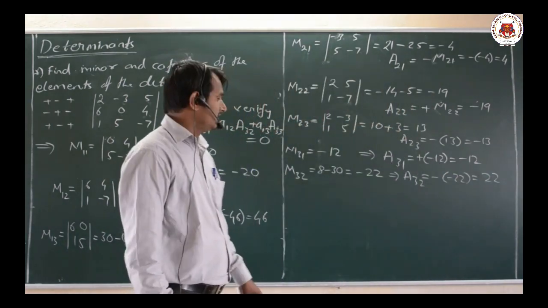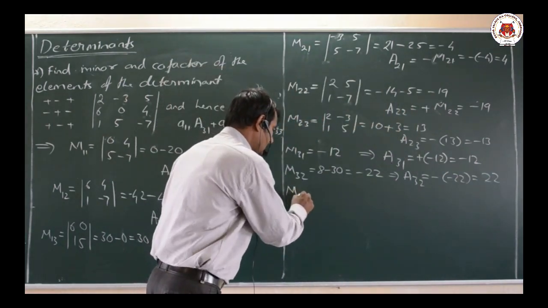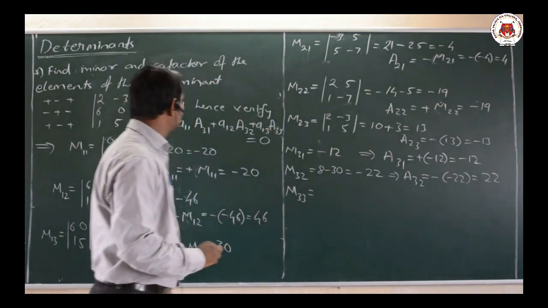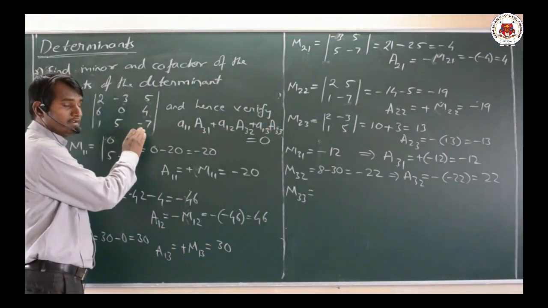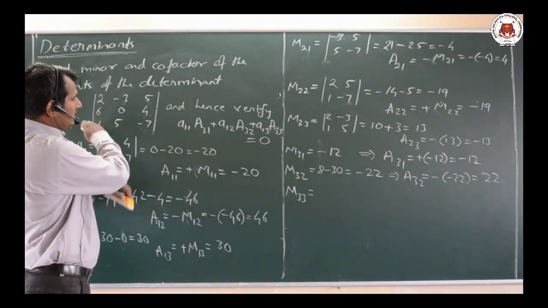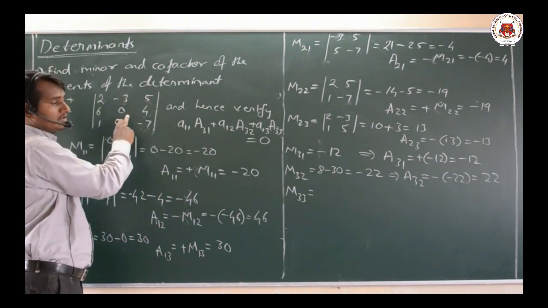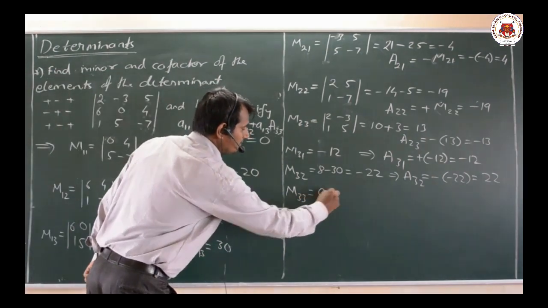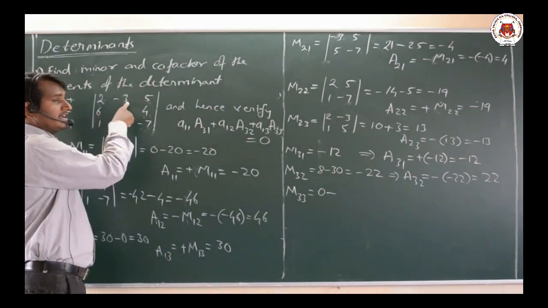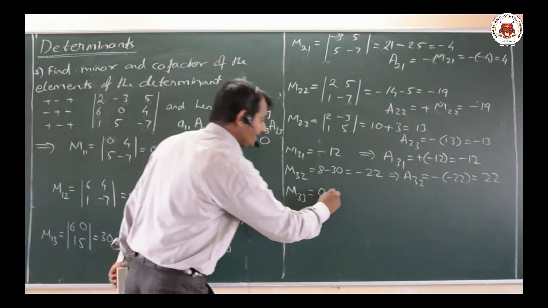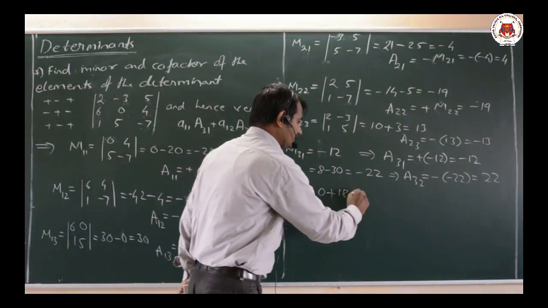Okay, dear friends, now we shall see the last value, minor of A33, that is the minor of third row, third column. Now I'll leave this row and this column. What is the remaining determinant? That is 2 into 0, 0, minus of 6 3s are 18, minus 18. Here minus sign means plus 18, the value will be 18.